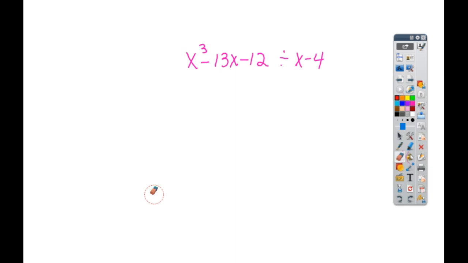Yeah, you have to fill in for the 0x squared. Okay, actually do it. Don't just copy it.